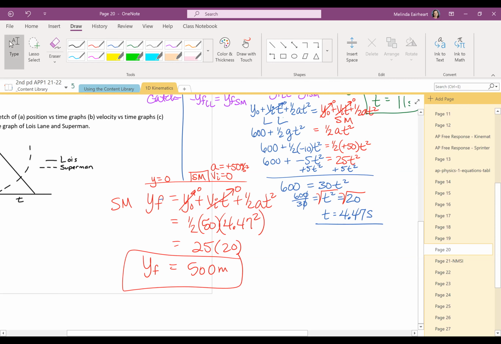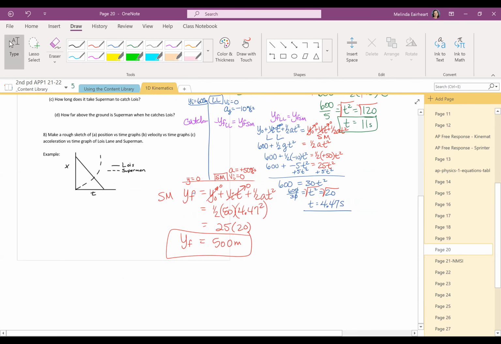And then I don't think we'll have time for it, but bring back graphs. Don't forget graphs. This is not the right graph, but make rough sketches, meaning you don't have to have numbers. Put them if it makes you feel better. Position and time graph, velocity time graph, and acceleration time graph.